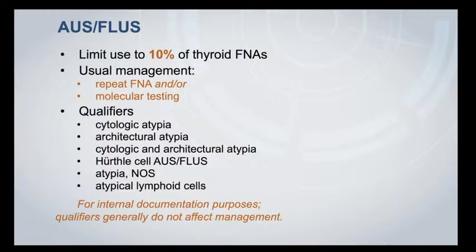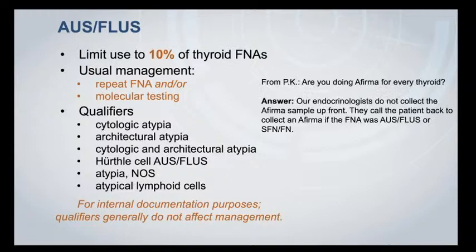But the qualifiers are useful because if you're looking at a repeat FNA, for example, on the same nodule, and you go back in your information system, it's nice to see what it was about the previous FNA that made it be called that particular category. To know, without having to go back and look at the slides, that it was cytologic or architectural or Hürthle cell changes that led to that diagnosis can be very useful in evaluating the repeat FNA.